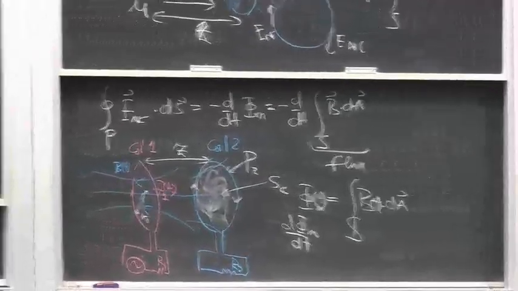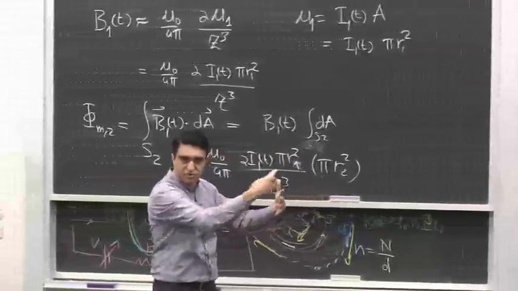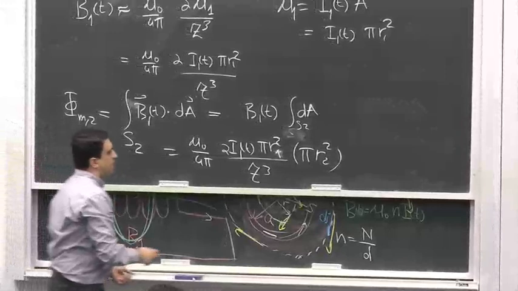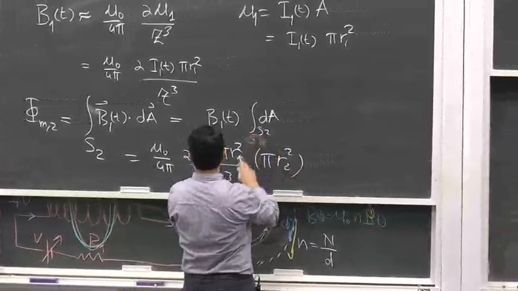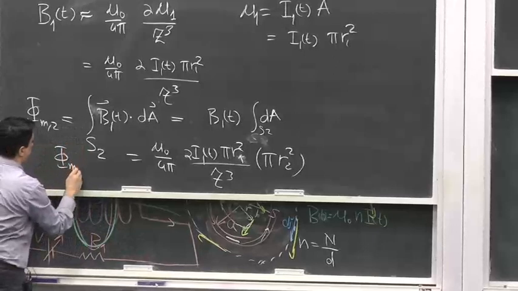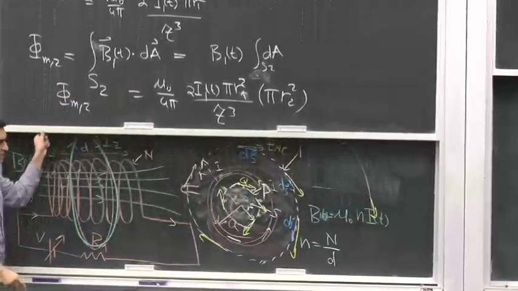So यहाँ पे जो area आएगा, that will be the area of the second coil, जिसकी through जो है वो flux जा रहा है. So that would be your flux, magnetic flux through the second coil.